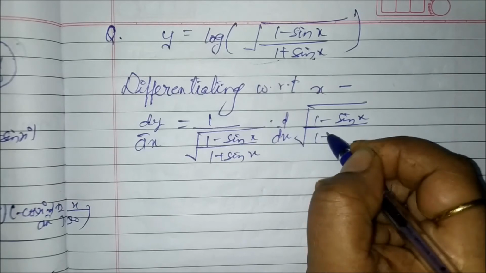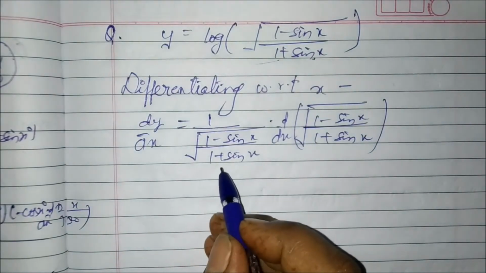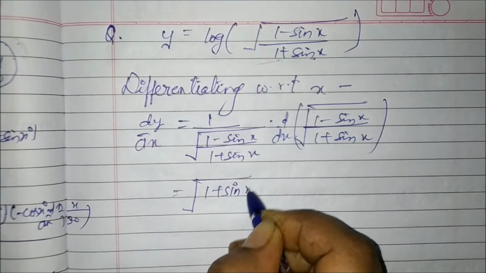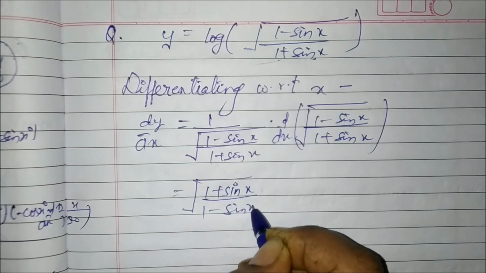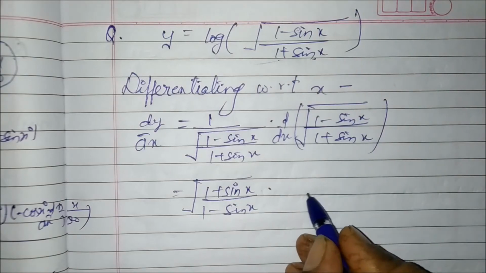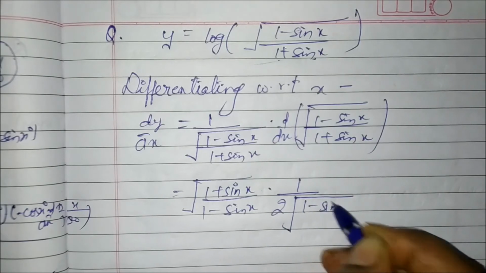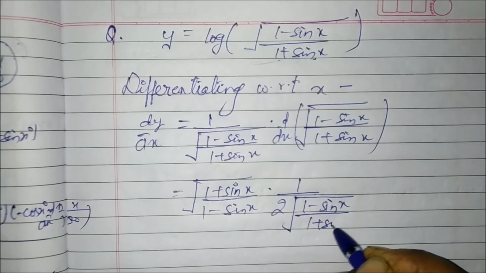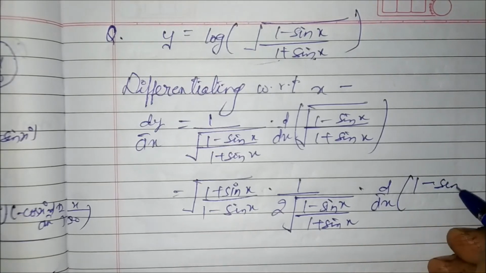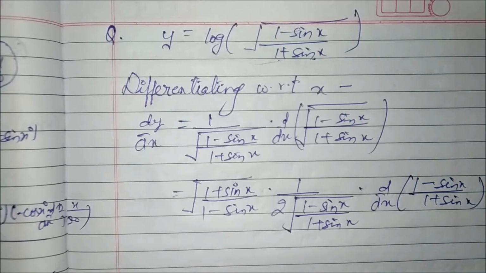If you take the reciprocal, it becomes root of (1 plus sin x) upon (1 minus sin x), into, now derivative of any root function is 1 upon 2 root x, so 1 upon 2 root of (1 minus sin x) upon (1 plus sin x), again into d by dx of (1 minus sin x) upon (1 plus sin x).